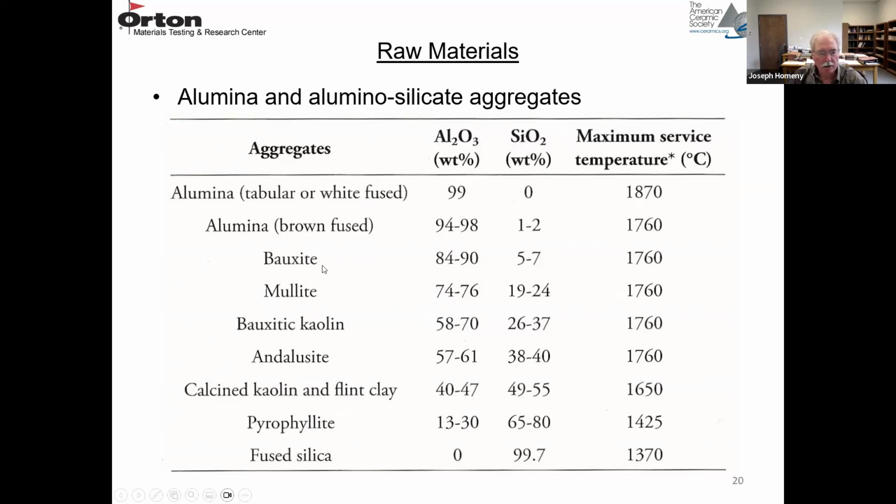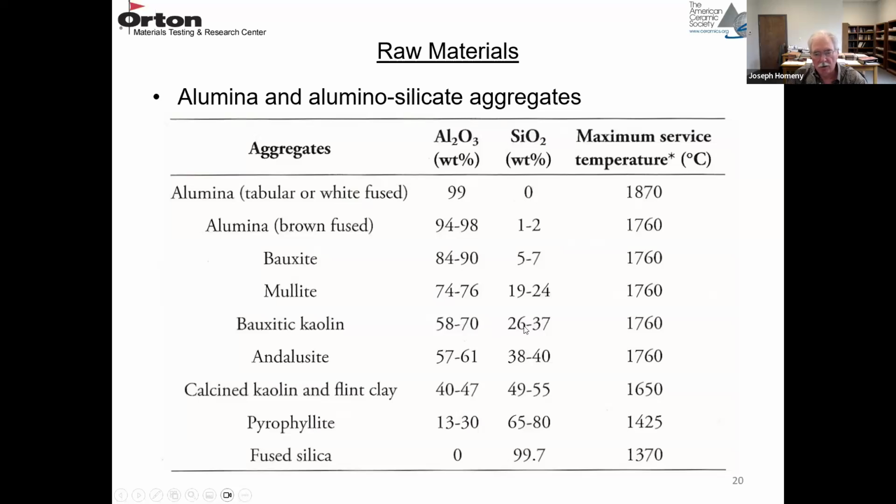Can also have bauxite and mullite. So bauxite maybe close to 90% alumina, and mullite a little bit higher than 72% alumina. And then as we go down, the silica content is increasing. Maybe there's a kaolinite clay that has bauxite present, so a bauxitic kaolin.